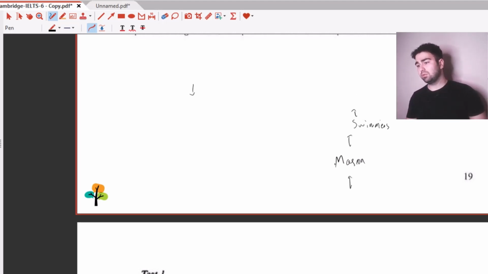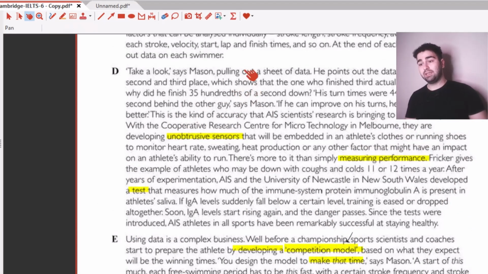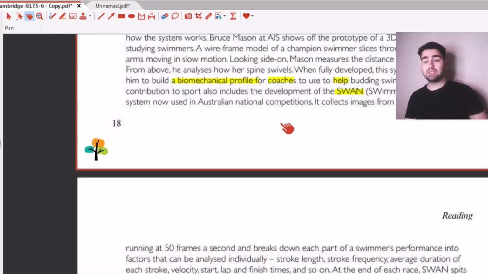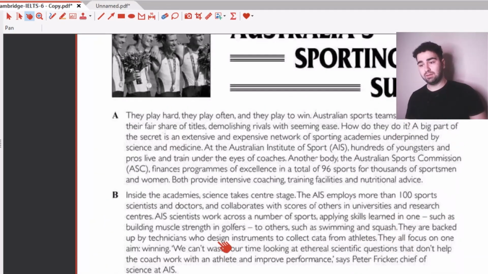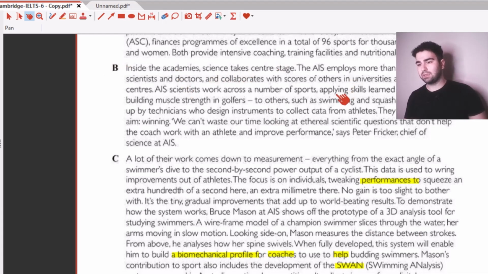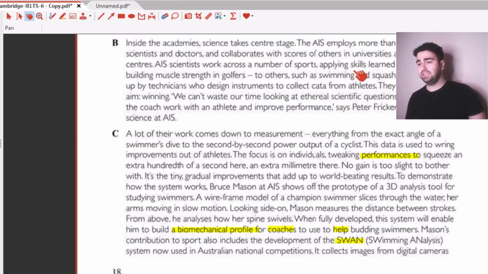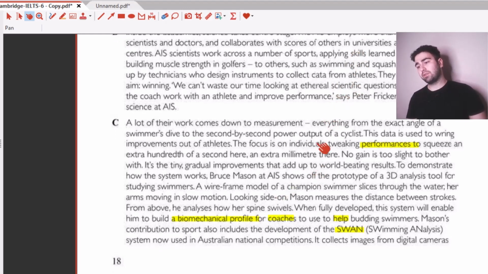Then there were some kinds of research in these paragraphs, if I'm not mistaken. Yes, academic science takes center stage. So this is talking about some academic happenings, and after that it's talking about making, for example, a biomedical profile and making precise measurements.